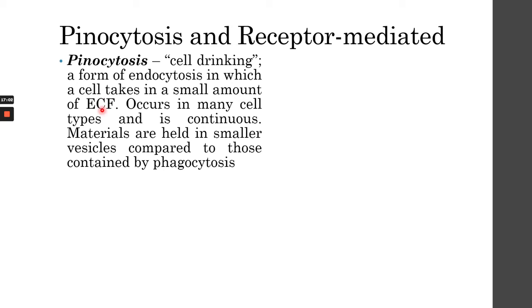Meaning, not only were they swallowing materials, but they're also drinking some of the fluid from the ECF. And this actually occurs in many cell types, and it is continuous. Because it is continuous, it is processed faster, because most of the time, the vesicles created by pinocytosis are a lot smaller than the ones created by phagocytosis. Because the materials being taken in by pinocytosis are usually a lot smaller.